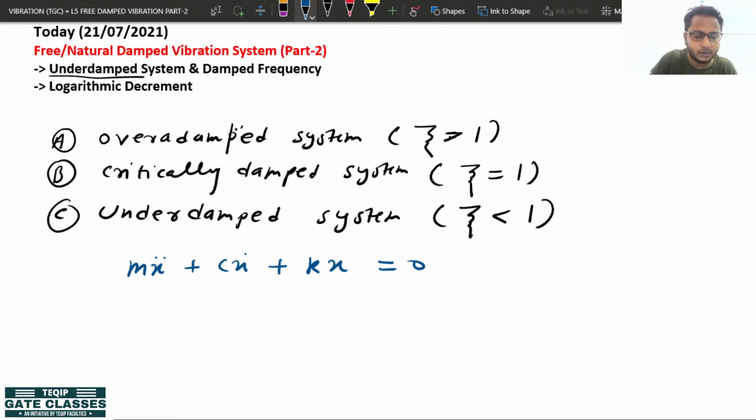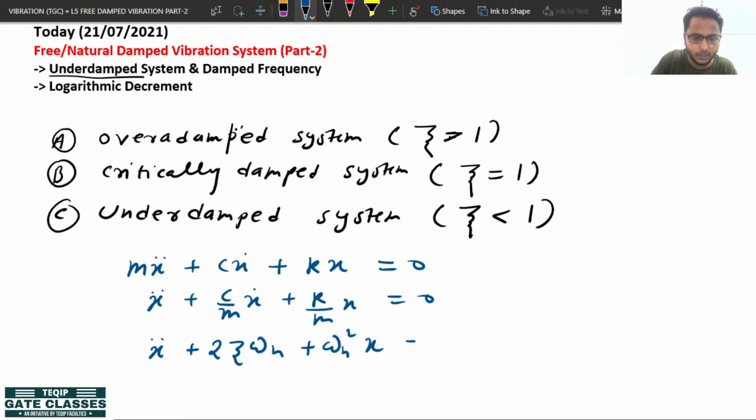And we simplify it like x double dot plus c by m into x dot plus k by m into x equals 0. We also derive this equation in the form of zeta and natural frequency: x double dot plus 2 zeta omega n x dot plus omega n square x equals 0, where k by m is omega n square. So we can write the differential equation in all three formats.